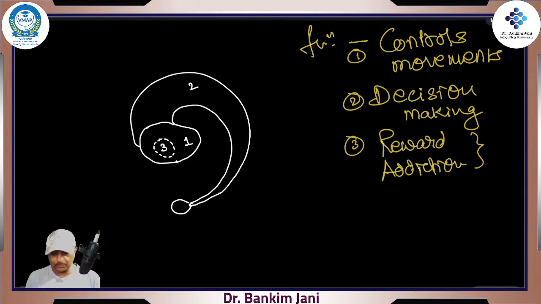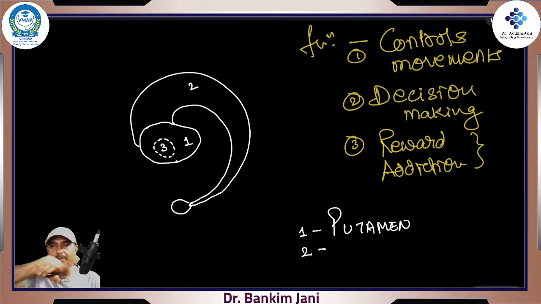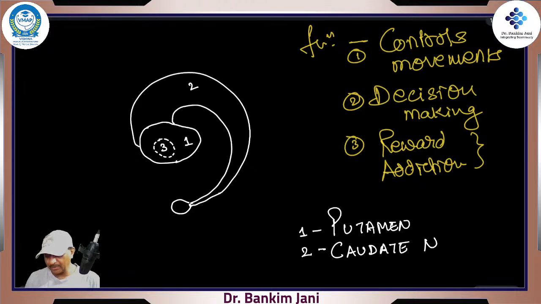This 1, what is it? That is called putamen. These are all part of basal ganglia. This 2 is what? The whole thing which is taking the curve. That is caudate nucleus. Yeah, it has to be nucleus.